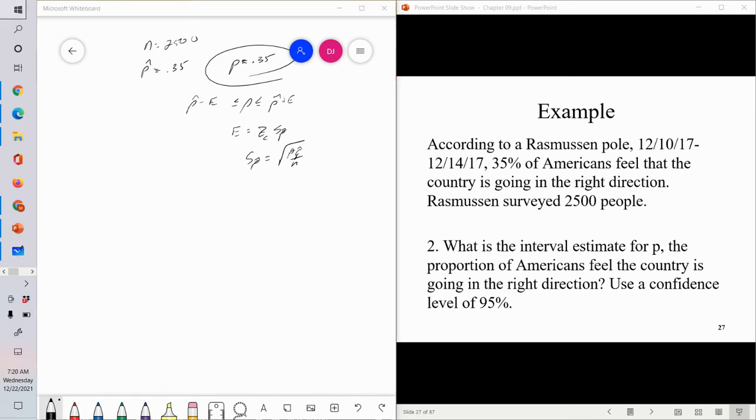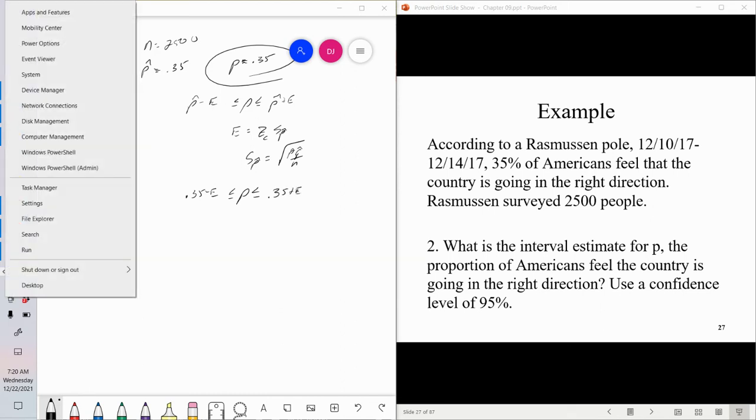Okay, so I know that p is somewhere between 0.35 minus the margin of error and 0.35 plus the margin of error.